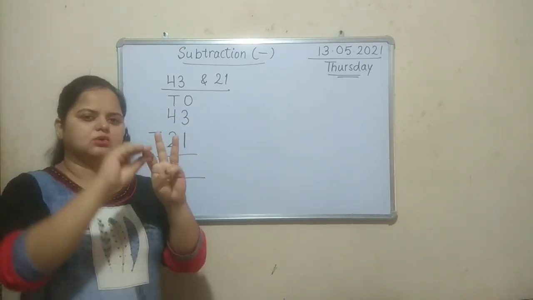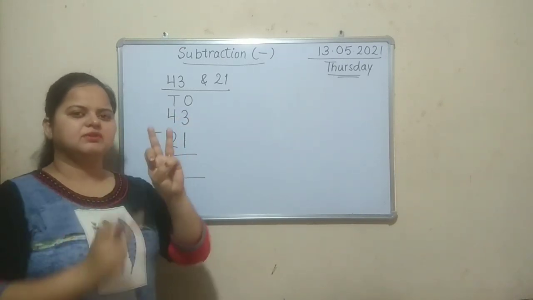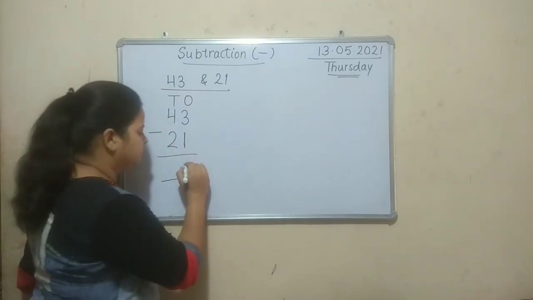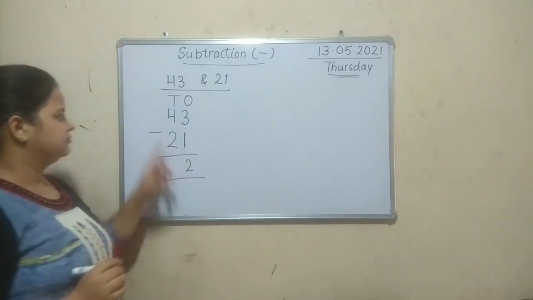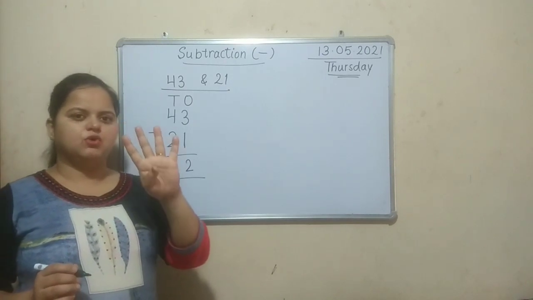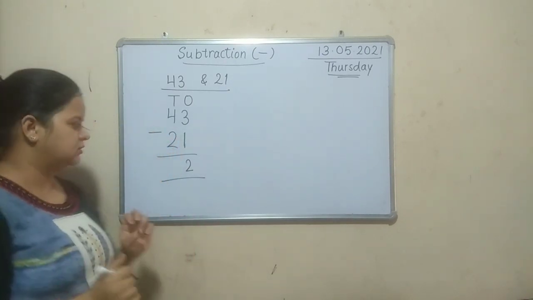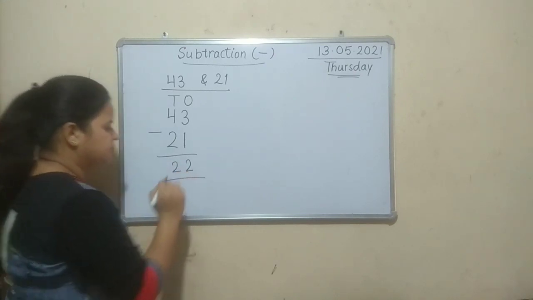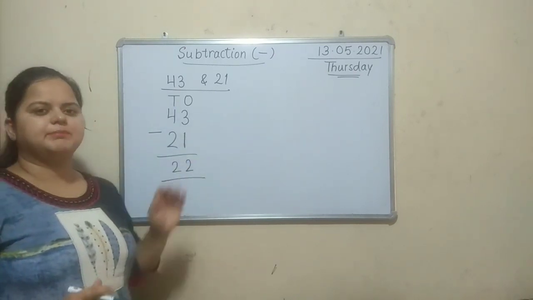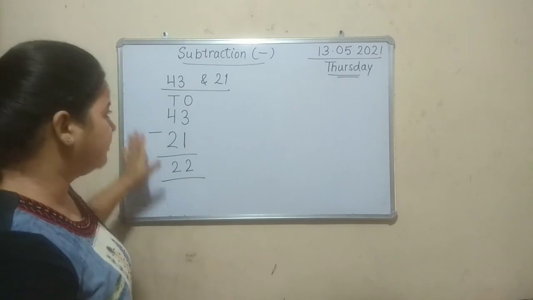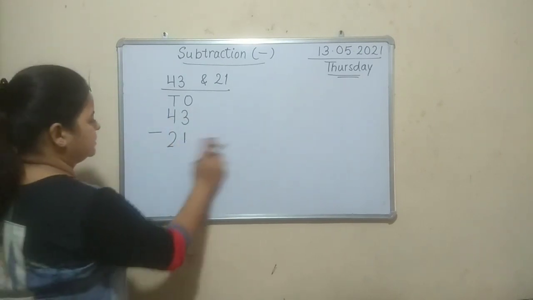So 3 में से 1 को कट किया, we have 2 now. So the answer is 2. 4 minus 2, so we have answer 2. Okay, this is called subtraction. You don't need to write it in your notebooks.